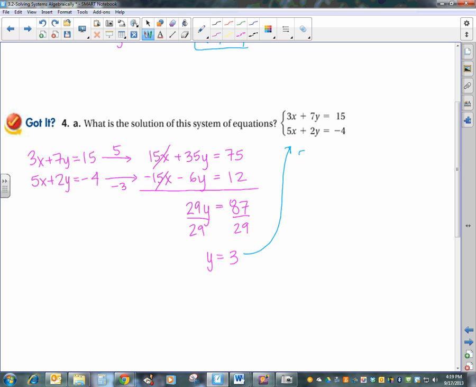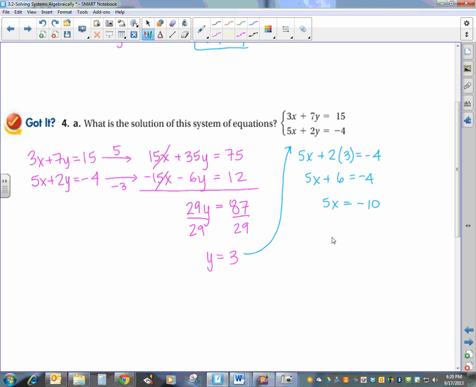So that gives me 5x plus 2 times 3 equals negative 4. We have 5x plus 6 equals negative 4. 5x equals, take the 6 over, means I have to subtract it. Negative 4 and negative 6 is negative 10.